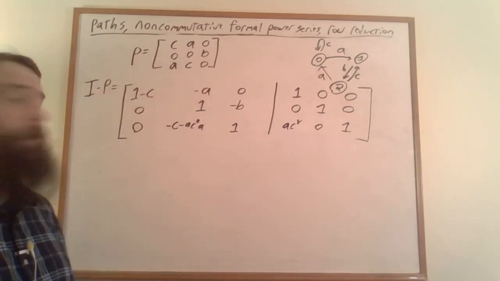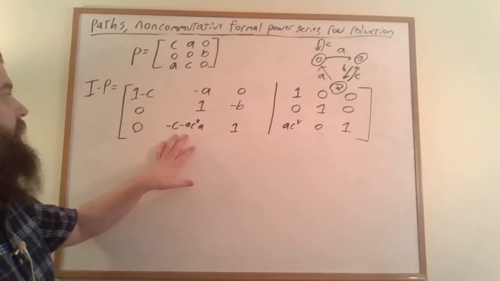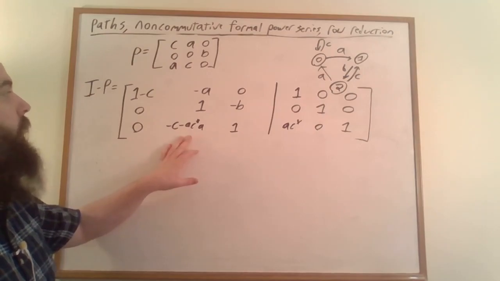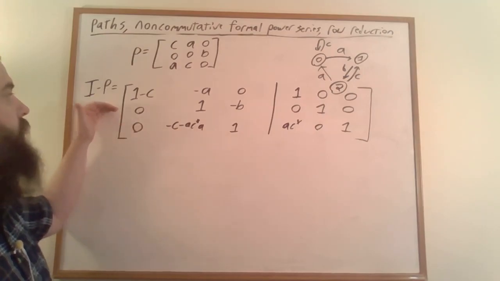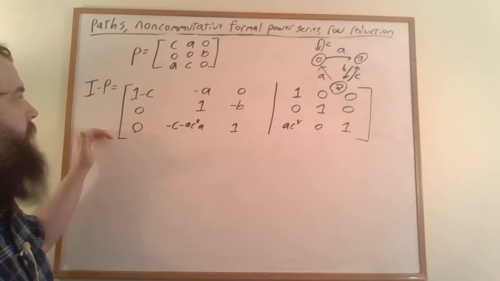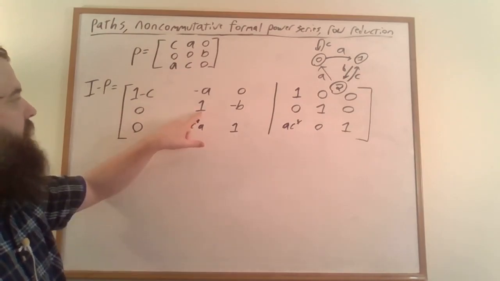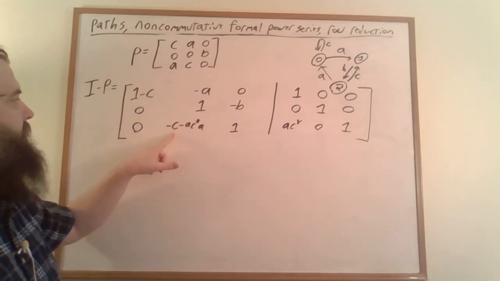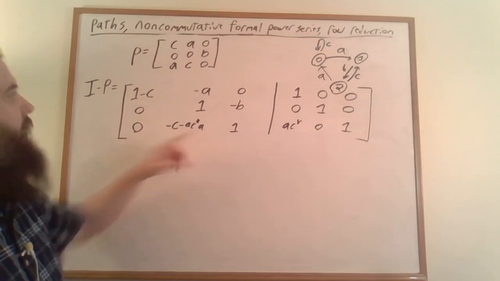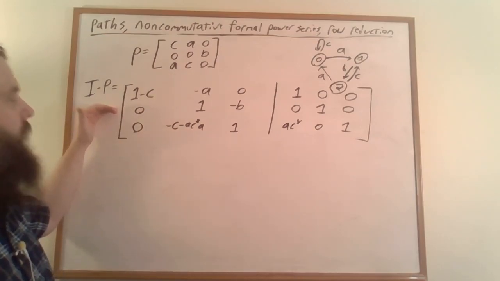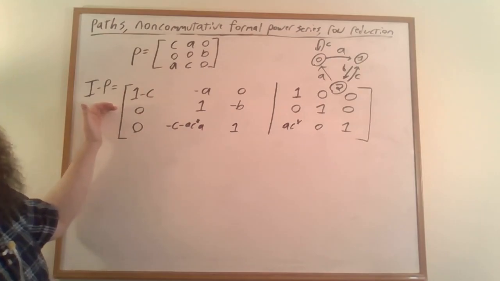Our next target in row reduction is going to be this entry here. And to get rid of it, we're going to want to take a multiple of row 2 and add it to row 3. Specifically, we'd like to multiply this 1 so that it turns into a c plus ac star a. That is, we want to multiply row 2 by c plus ac star a.